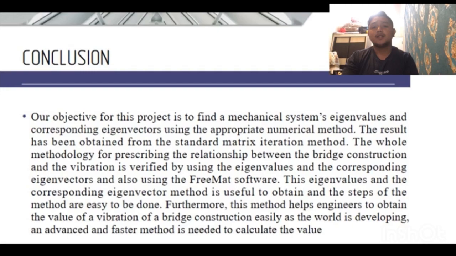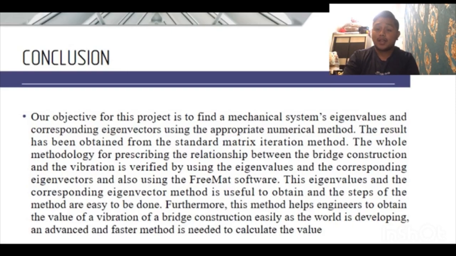The result has been obtained from the standard matrix iteration method, and the whole methodology for describing the relationship between the bridge construction and the vibration is verified by using the eigenvalues and the corresponding eigenvectors, and also using the FreeMat software. Then this eigenvalue and eigenvector method is useful to obtain results, and the steps of the method are easy to do.